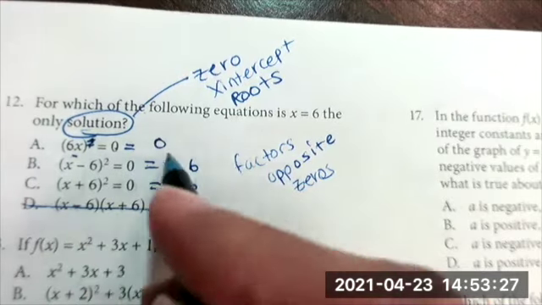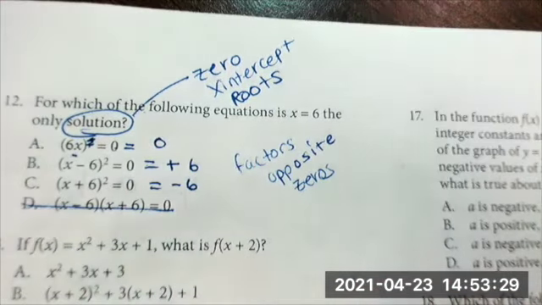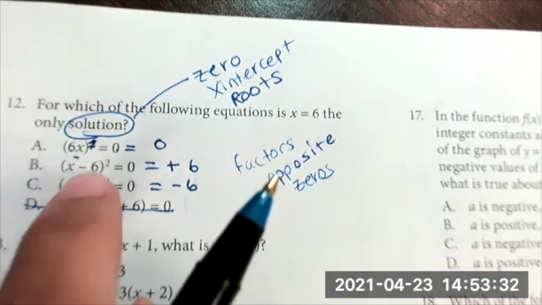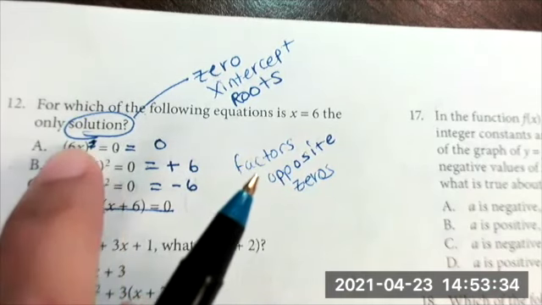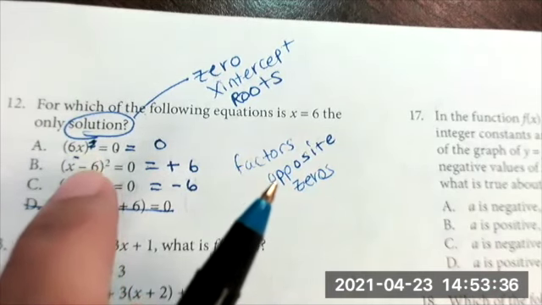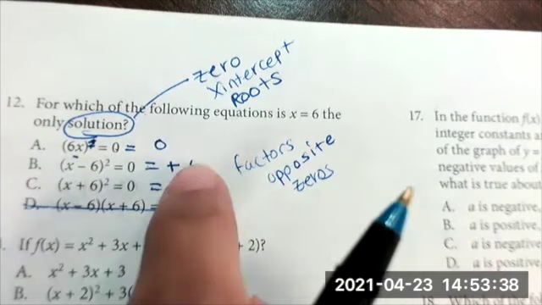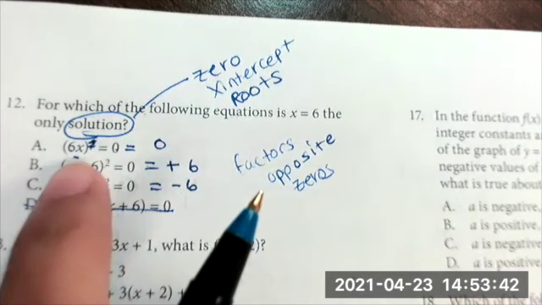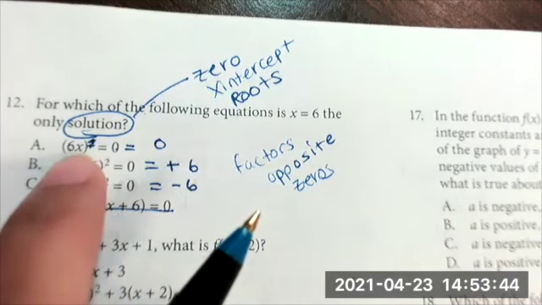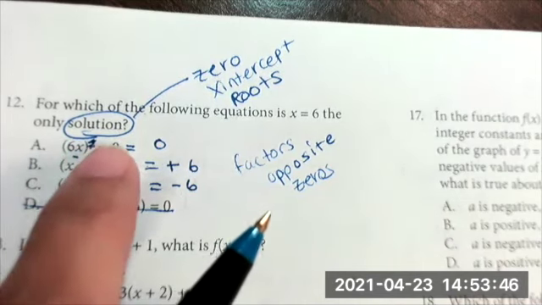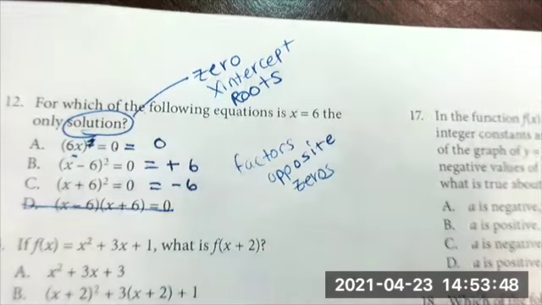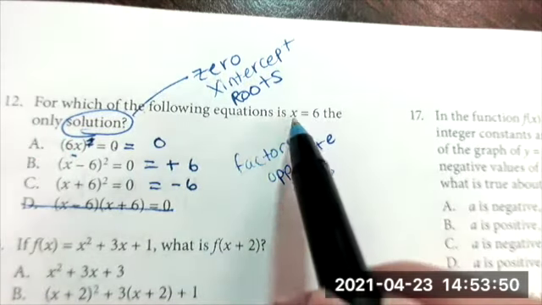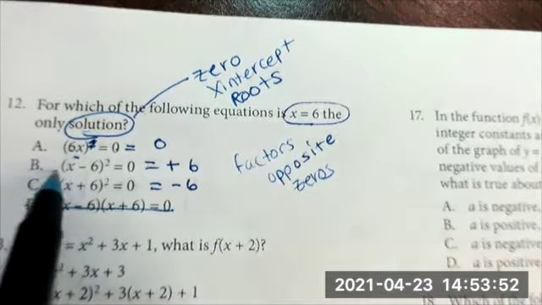Because this is multiplying, this is not adding nor subtracting. The opposite of subtracting 6 is adding 6. The opposite of adding 6 is subtracting 6. The opposite of multiplying by 6 is dividing by 6. But 0 divided by 6 is still 0. So anyways, your answer is going to be letter B.